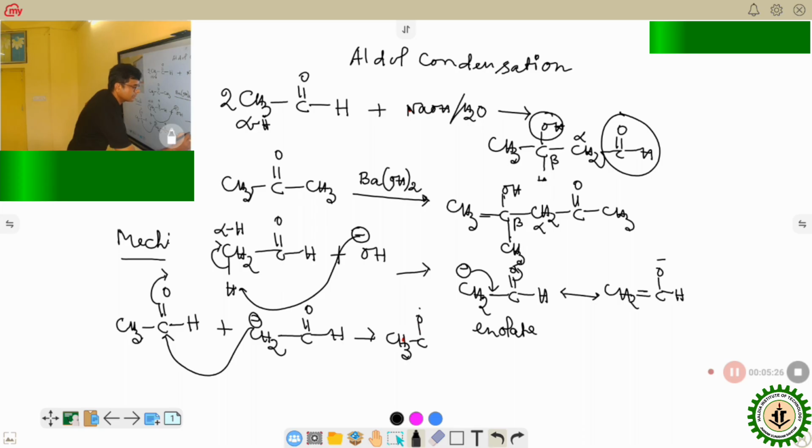O minus, CH2, CH2. Now subsequently this anion will abstract a proton from water to form this.